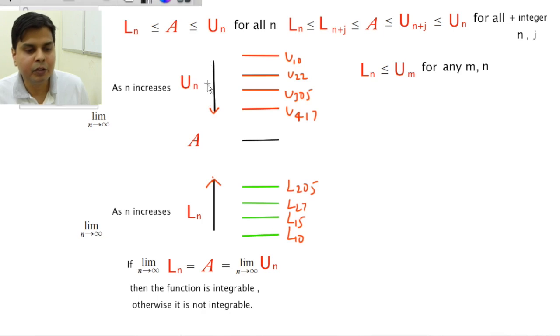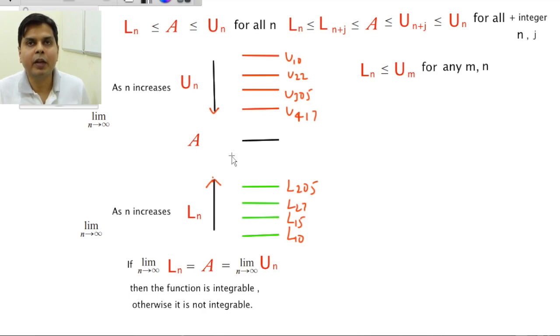Similarly, no matter how far this Un falls, ultimately it is an upper sum, it has to remain above a. So the Un's are falling, but they cannot fall below a. So ultimately it appears that Un is approaching this a, the exact area. Similarly, Ln is increasing, but it cannot increase beyond a, it has to stop somewhere at a. So Ln is also approaching a.